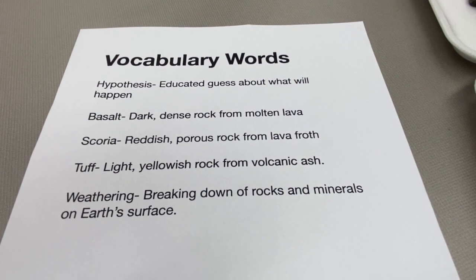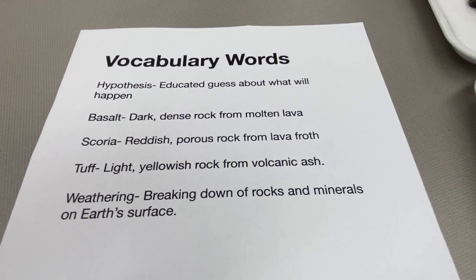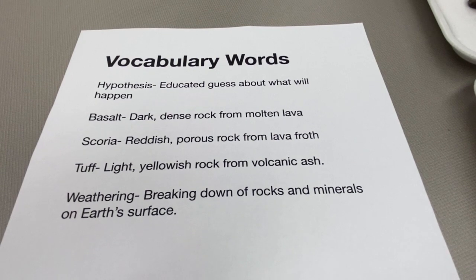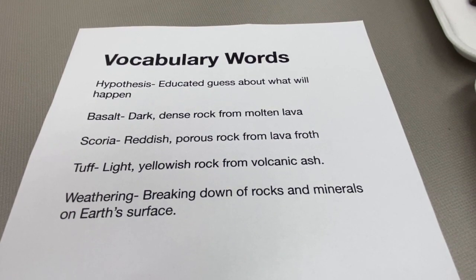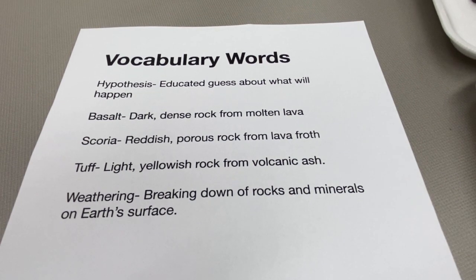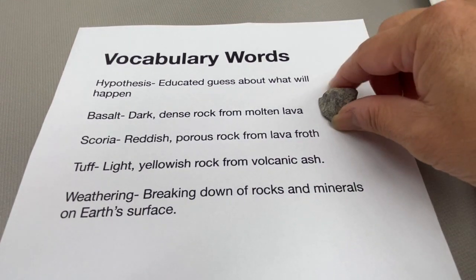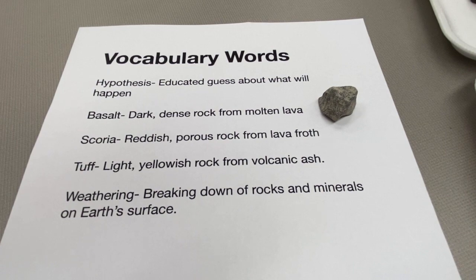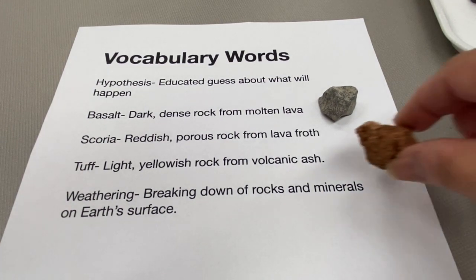Let's go over our vocabulary words for today. Hypothesis is an educated guess about what will happen. Basalt is the dark, dense rock from molten lava. The scoria was the reddish, porous rock from lava froth.